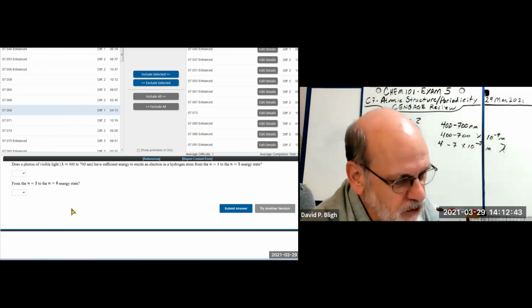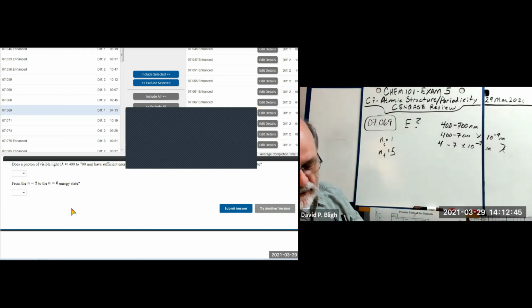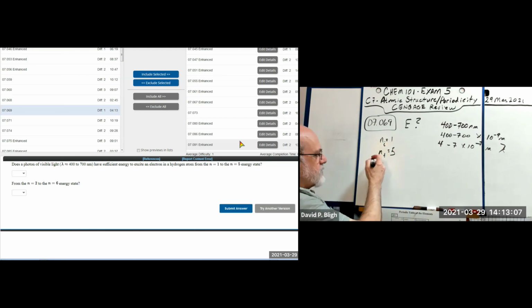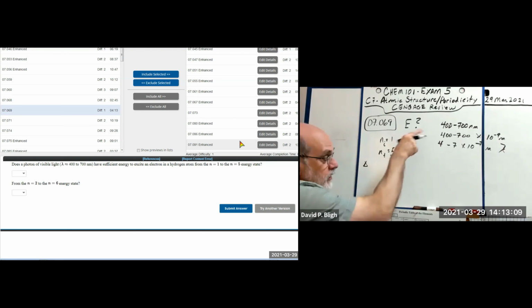Well, it's in your review document, and on the useful information page. Let's see if I can find it. Yes. So the change in energy required here, and that's what we're looking for.